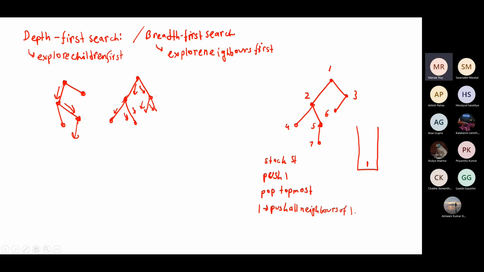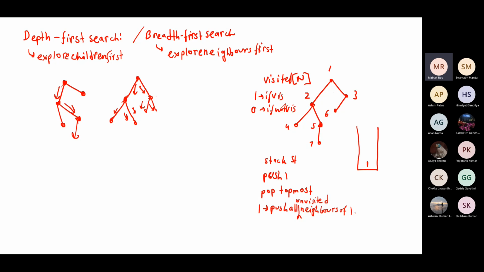Of note is that you shouldn't push all the neighbors. You should only push all unvisited neighbors. So you will have to keep a separate visited array, which is 1 if visited and 0 if not visited. So only push those which have not yet been explored.